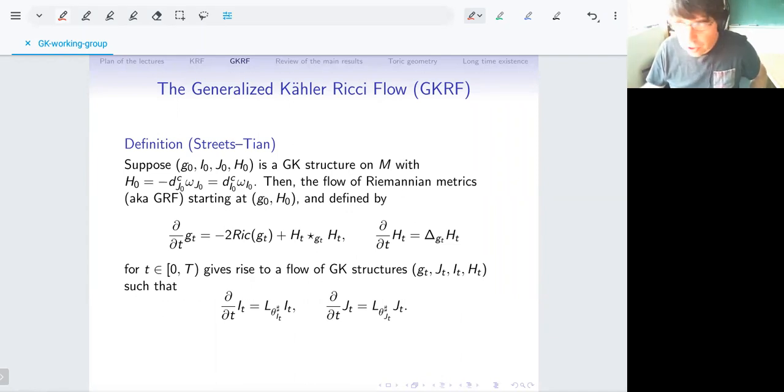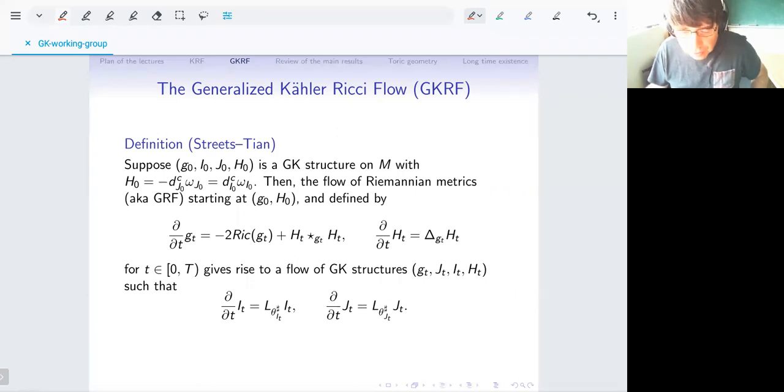It's the so-called generalized Ricci flow of Jeff and Mario, who wrote a book. It's essentially a coupled system for a Riemannian metric and for a closed three-form. And they have to satisfy some coupled equations.